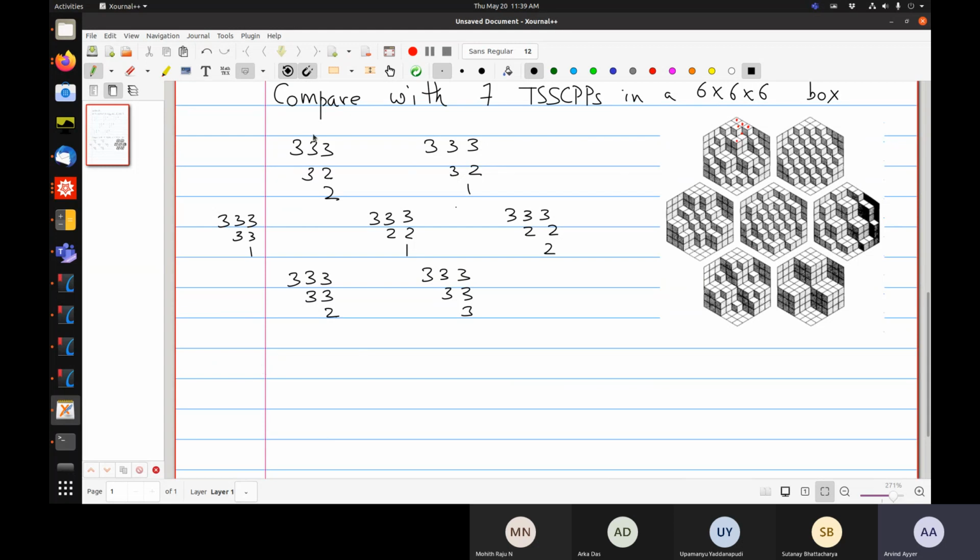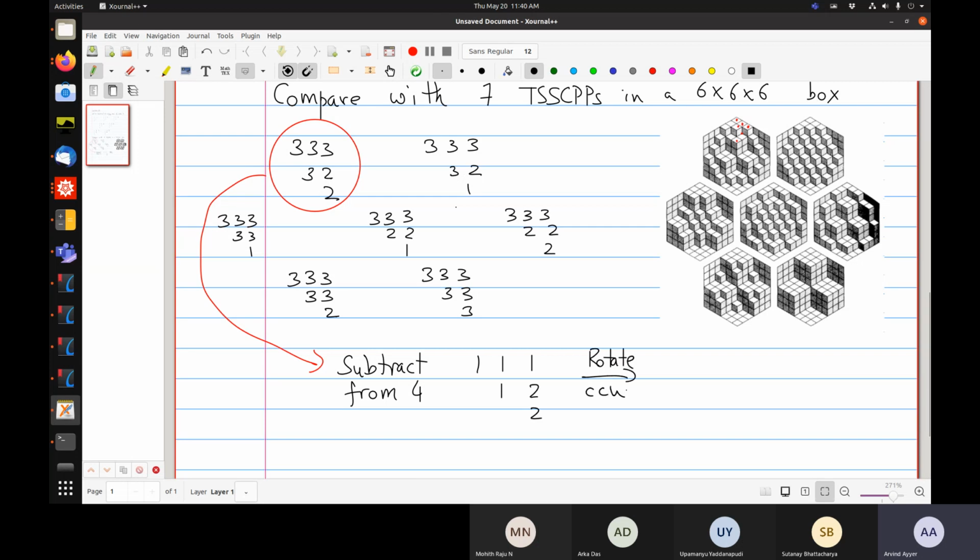So subtract from 4, and you get 1, 1, 1, 1, 2, 2, and then rotate counterclockwise.